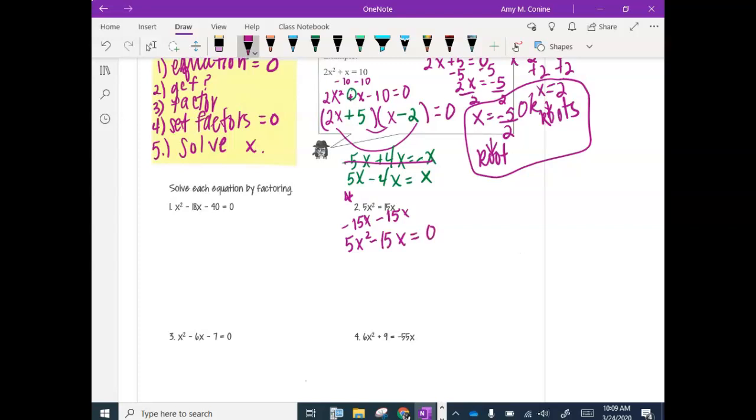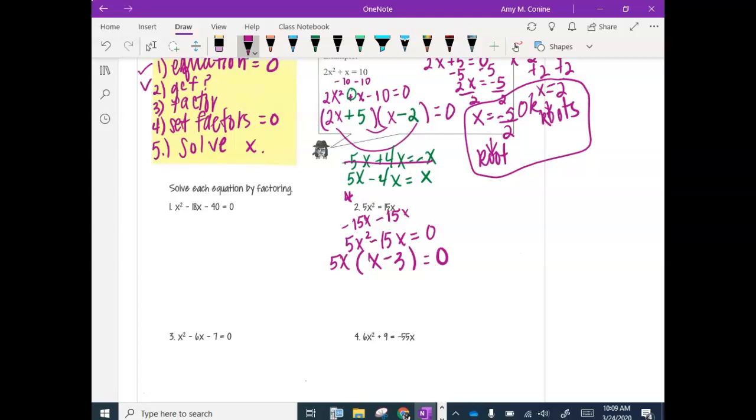Okay, so I did step 1. Now I'm going to look for a GCF. It does have a GCF of 5x, so I'm going to take that out. So now I have 5x times x minus 3, and it's still equal to 0, then my step 2 is done.